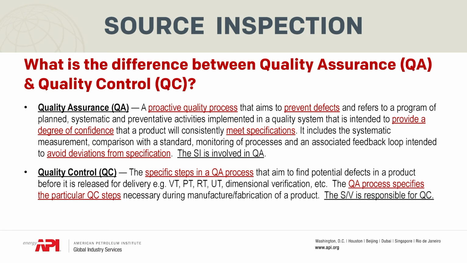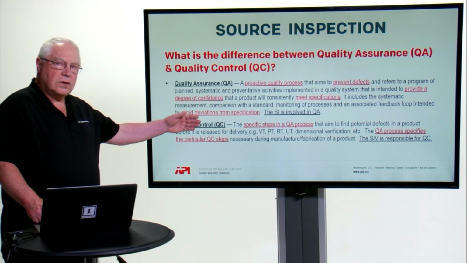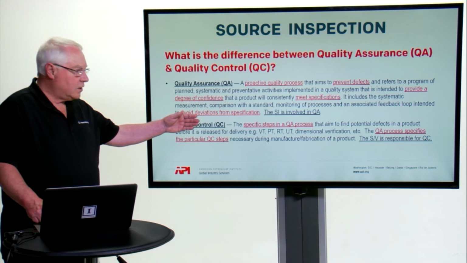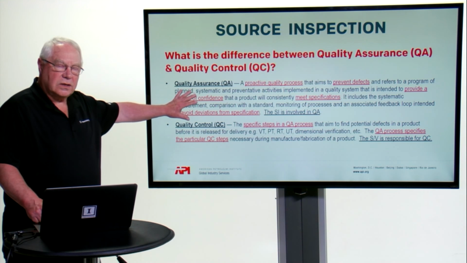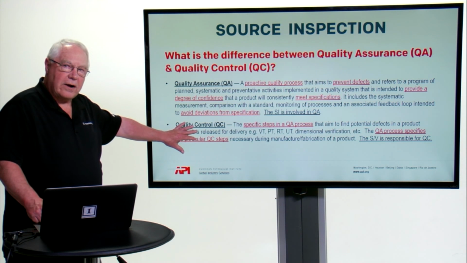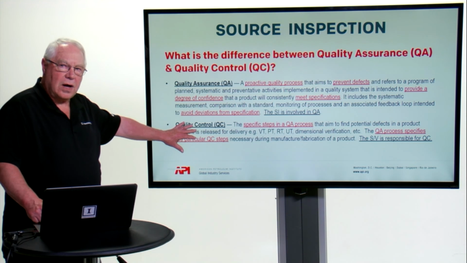The quality assurance process specifies the particular quality control steps, which I just spoke about, that are necessary during manufacturing and fabrication of a product. In other words, the source inspector is responsible for the quality assurance part of the process that I just explained, whereas the supplier vendor is responsible for the quality control part of the process.